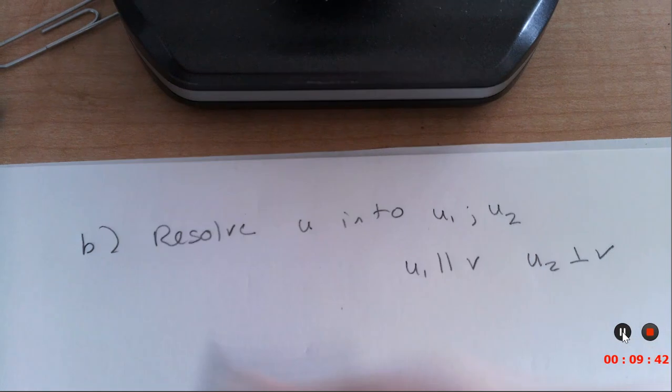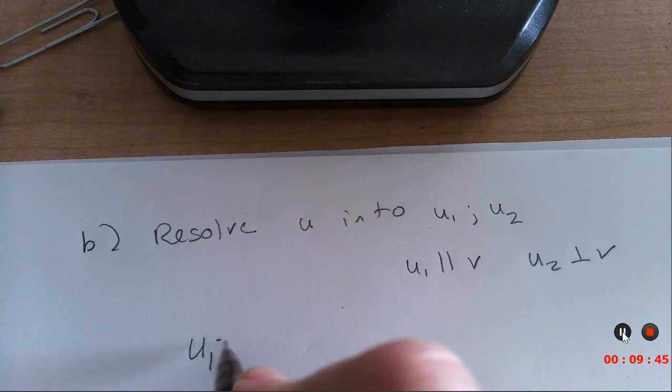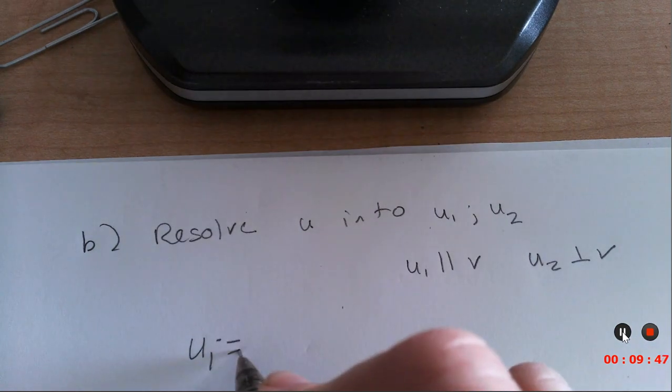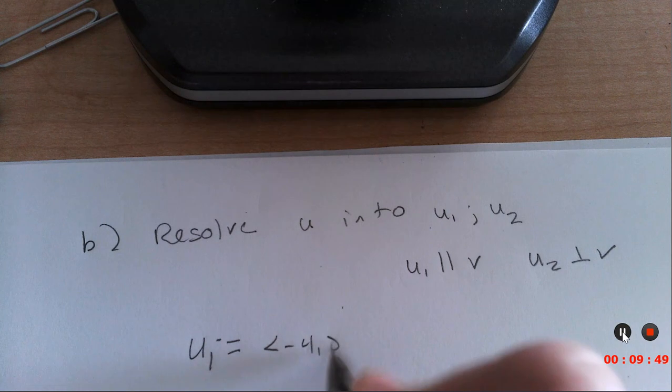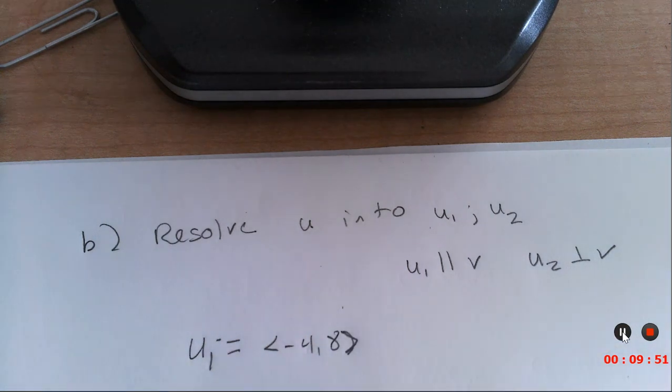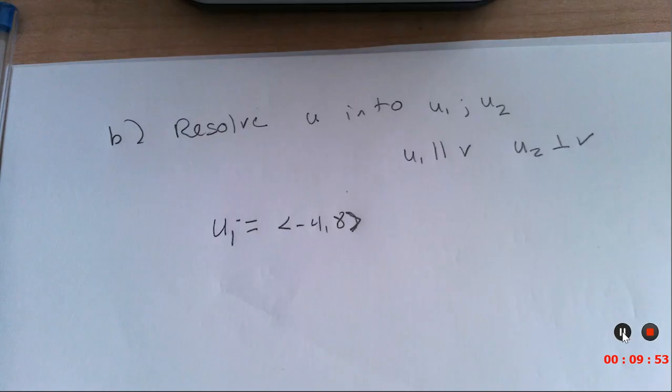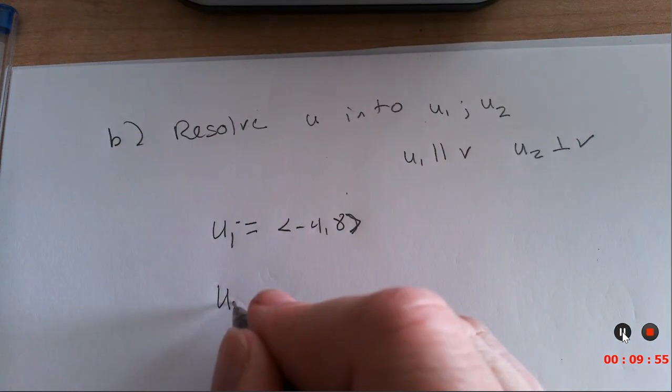So we already found u sub 1. That was the projection of u onto v. So u sub 1 is negative 4, 8. So now we need to find u sub 2.